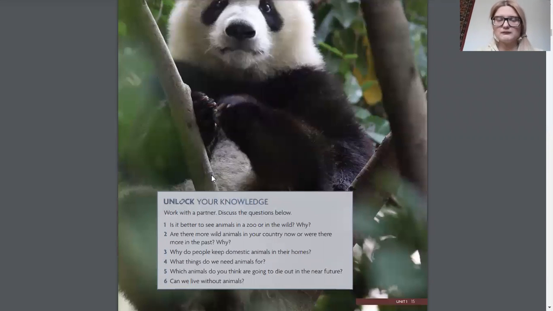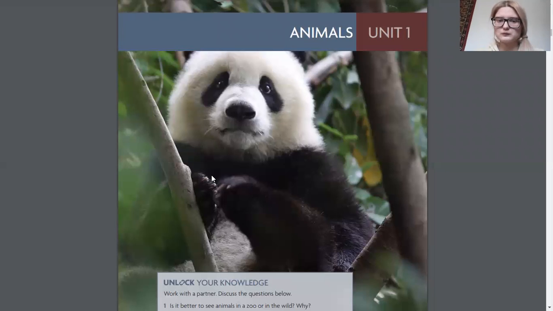Endangered animals are types of animals which exist in very small amounts due to being killed by people as a result of hunting or by other different ways. In this picture, for example, you can see a panda, a special type of endangered animal which has almost completely disappeared.